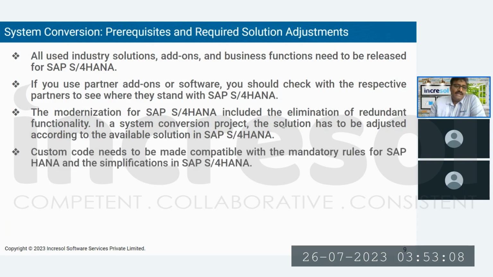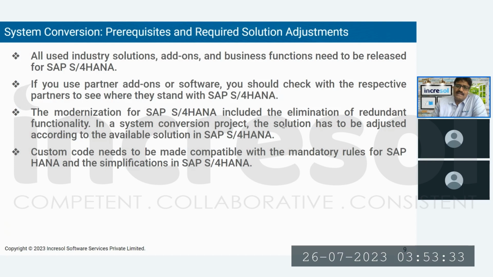And custom code adaptation is one big activity as part of the S4 HANA migration or conversion process. Most of your custom code, 50 to 60 or even 70% of the code, will be compatible with S4 HANA also. But considering the HANA database has a different mechanism, it's not like regular RDBMS databases like Oracle or MS SQL or other databases, there are some differences.